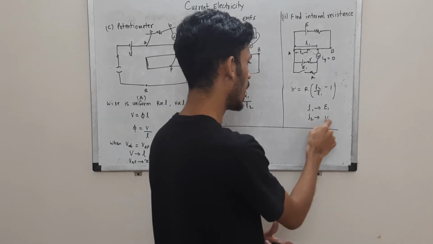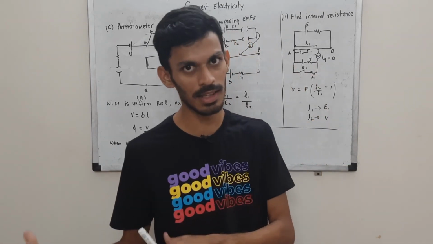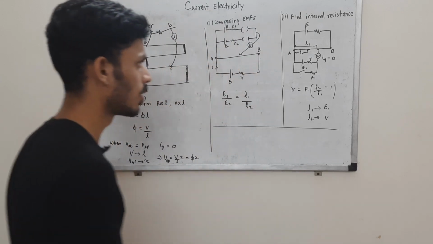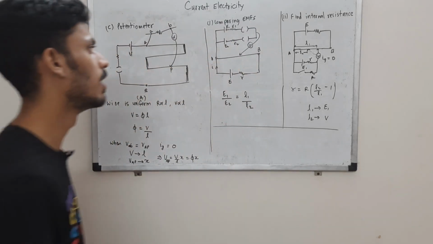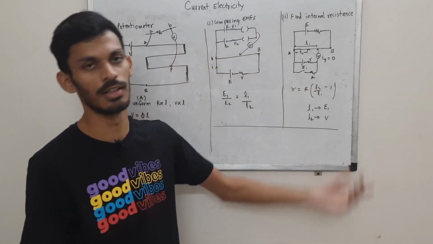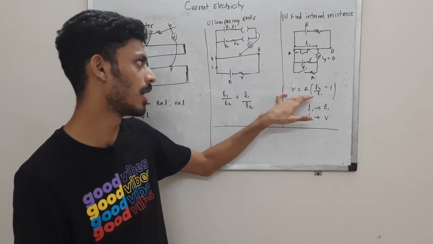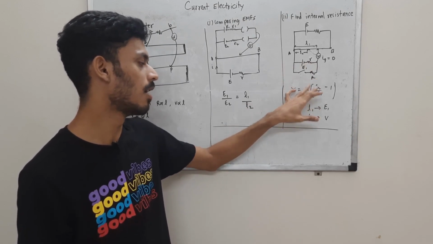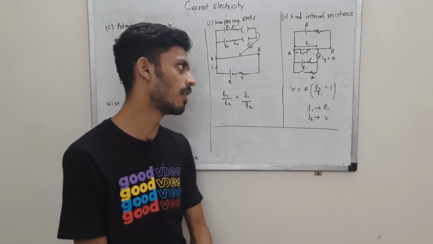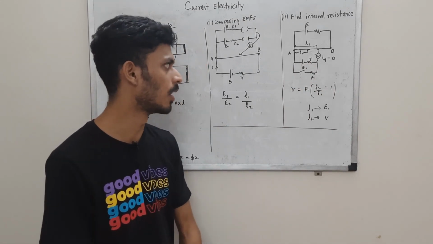So in the first case we are balancing the EMF, and in the second case we are balancing the voltage across the battery. Using L1 and L2, we can find the internal resistance of the cell. The internal resistance r will be given as capital R, this R, times L1 upon L2 minus 1, that is r equals R times (L1/L2 minus 1).